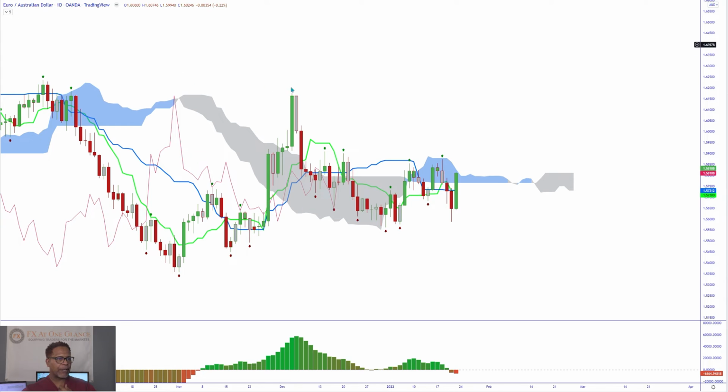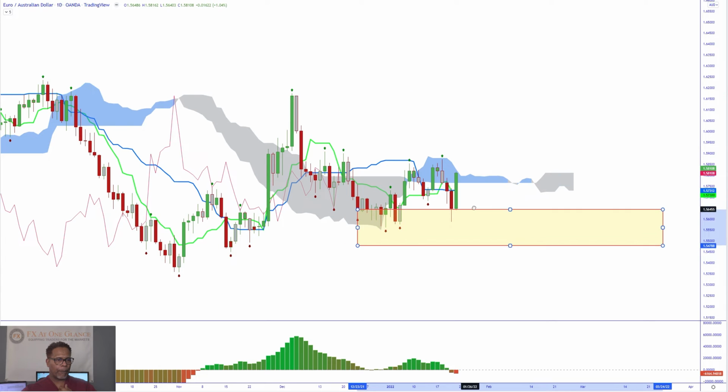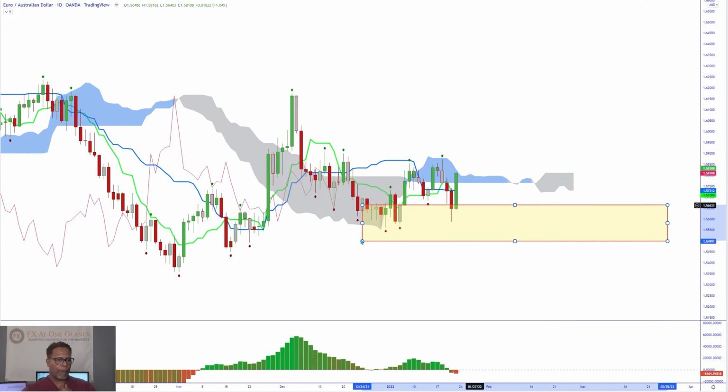We have a block here, but this is too big of a block for me. I wouldn't probably look at that block. Off of that block, we did have some other blocks down here. There was a block right here where the market bounced, and then you have another block right here.